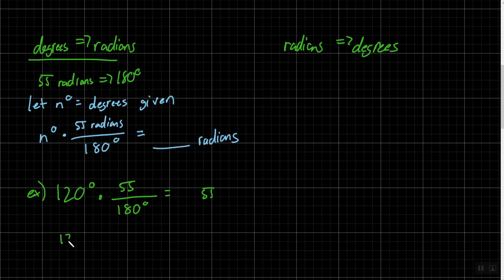So you should do 120 divided by 180 times pi. Same thing because this is 1 right here. What do we get? Okay, 0.67 is what decimal? What fraction? Yep, 2/3. So 2/3 pi. We got it in radians.